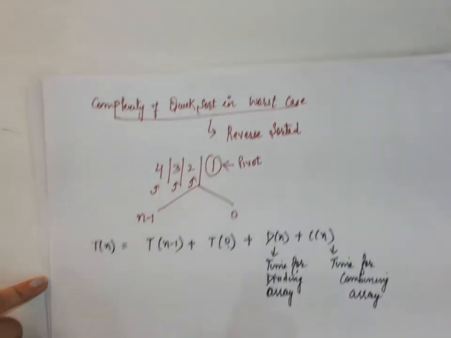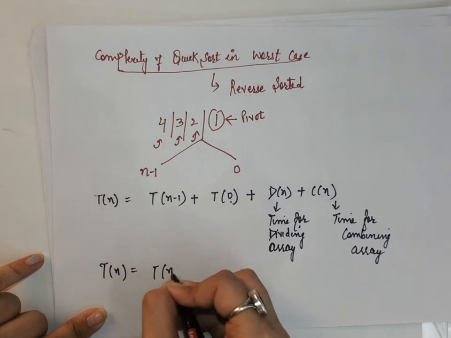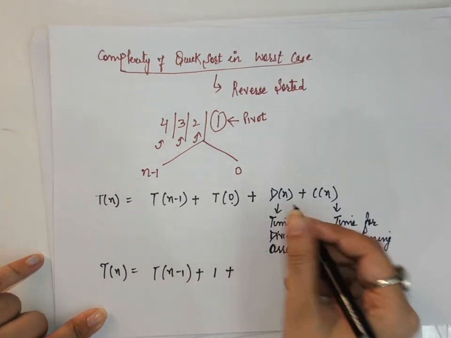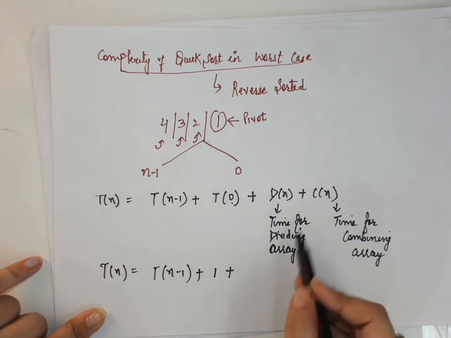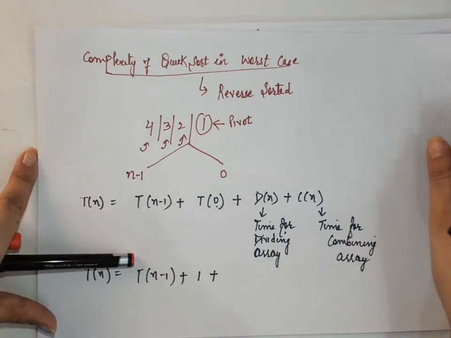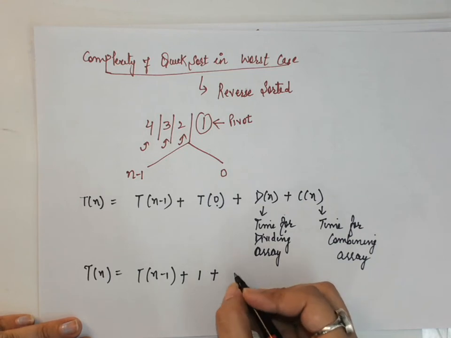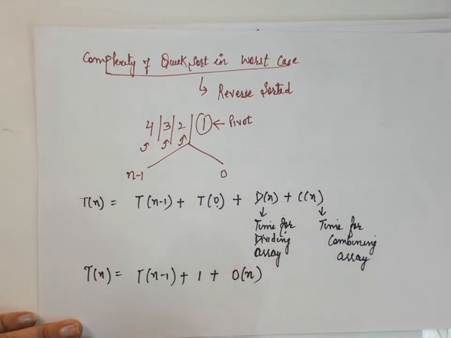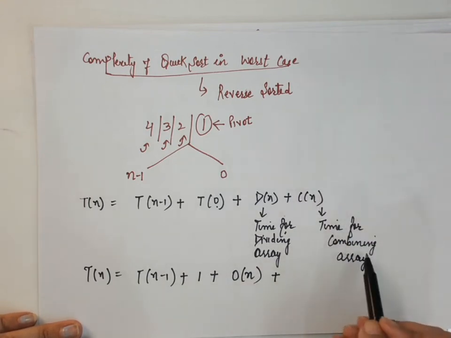So we see, T of n is equal to T of n minus 1 plus, this is constant 1, plus now D of n, this is the time for dividing an array. For dividing the array we have used the partitioning algorithm, and there are n comparisons, so complexity is big O of n, plus what is the time for combining my array?